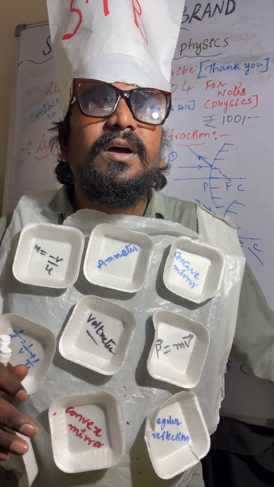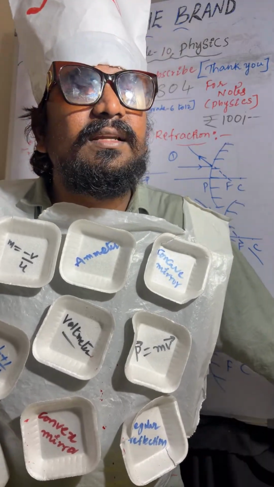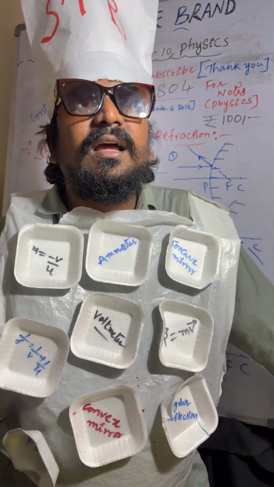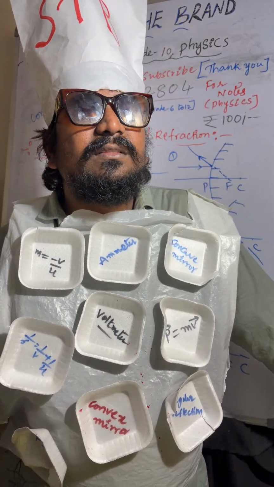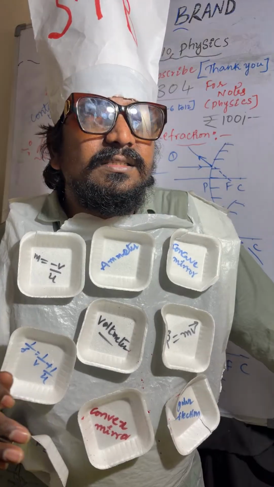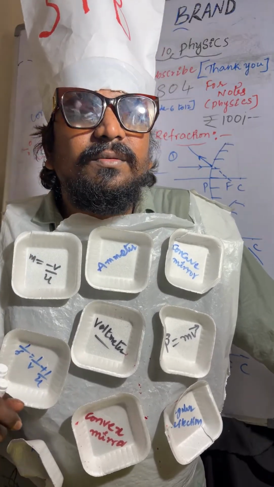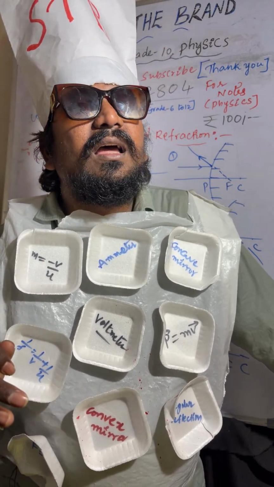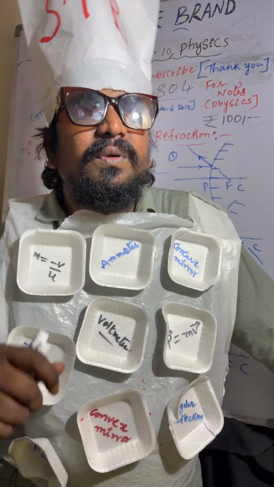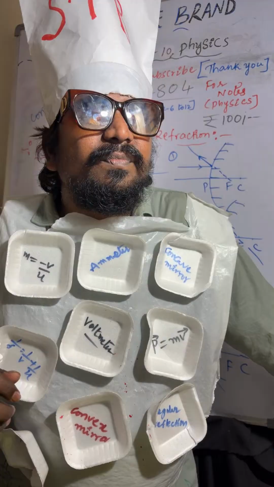Distances are positive along the incident rays. Distances are negative opposite to the incident rays. Distances are positive above the principal axis. Distances are negative below the principal axis.